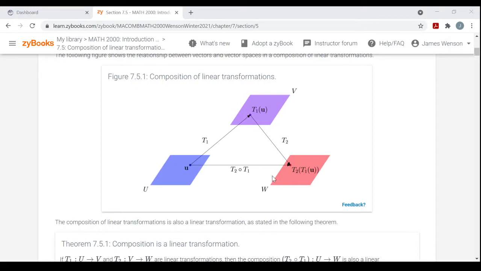And running it through those steps is the same as taking vector U and applying the transformation T2 composed with T1 and going straight from U to W.